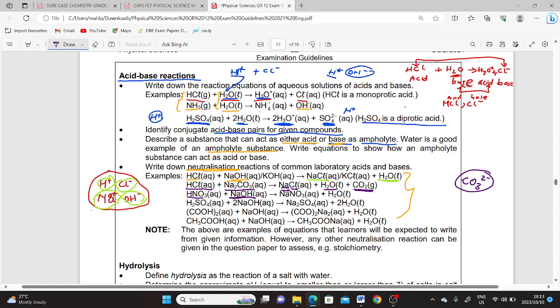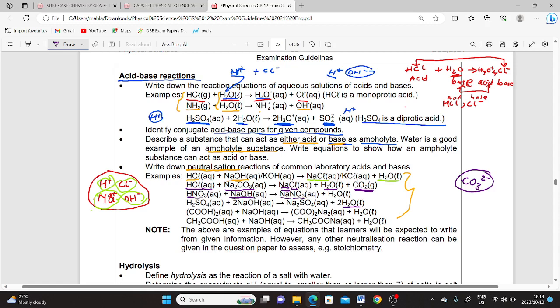So what we have, we're going to have NaNO3 plus 2H2O. So we're going to have water also as part of the product. We'll talk about whether the solution is neutral or acidic soon.